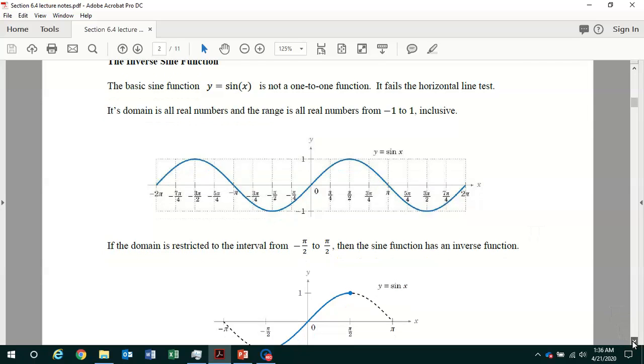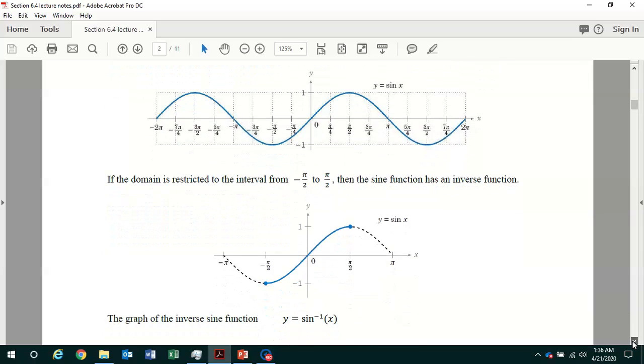What they decided to do was just use part of the graph of the sine function. Just use a part of the graph from -pi/2 to +pi/2, which we have drawn down here. The graph part here in blue, from x equals -pi/2 to +pi/2. Everything to the left of -pi/2 is thrown away, and everything to the right of +pi/2 is thrown away.